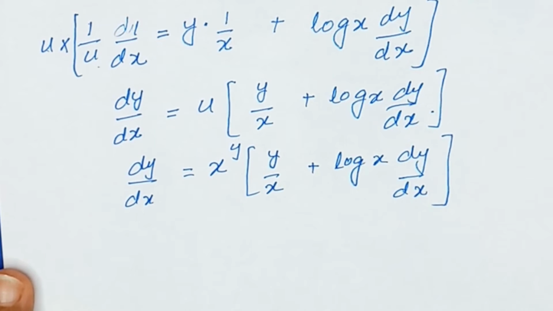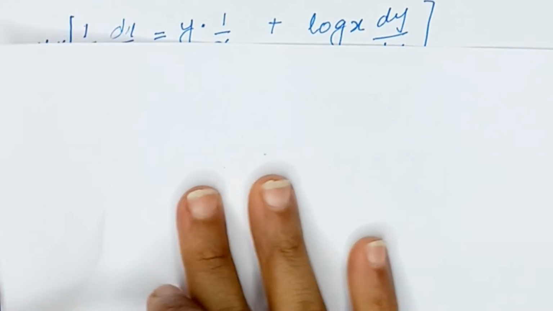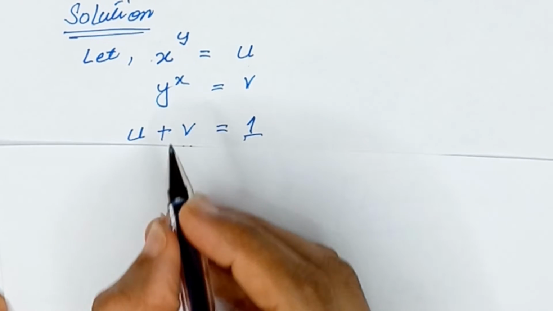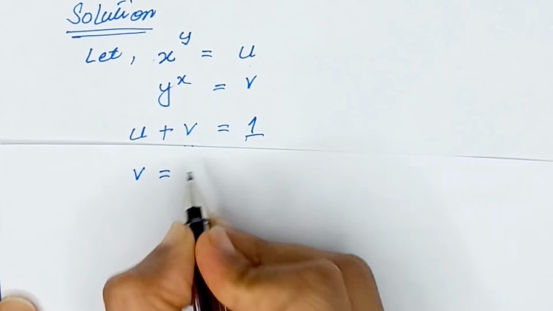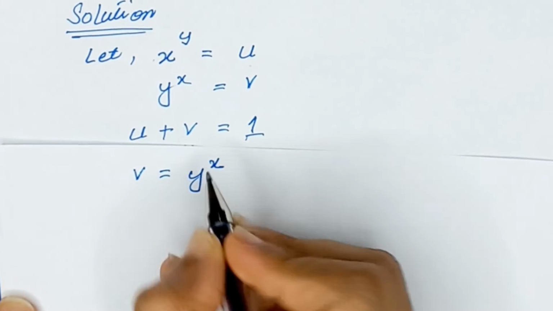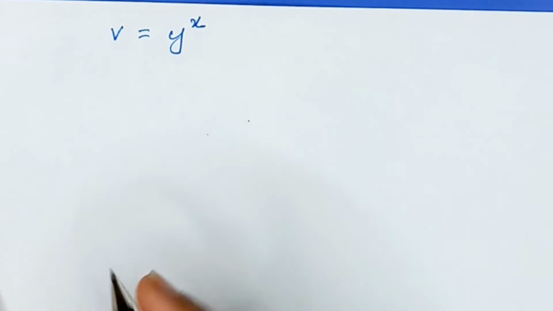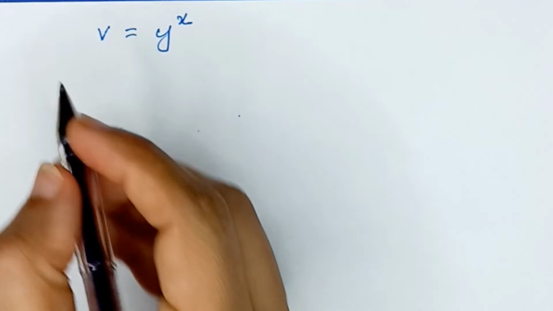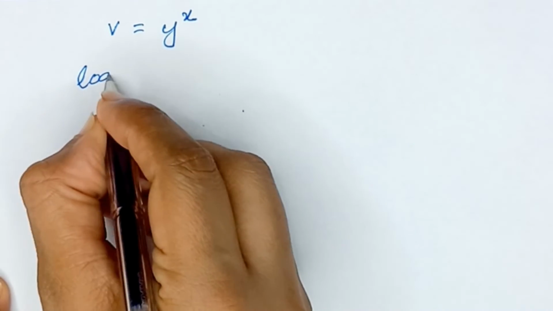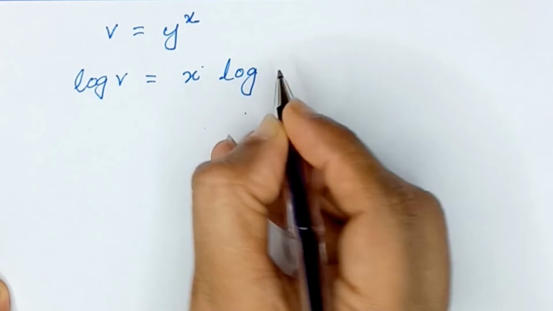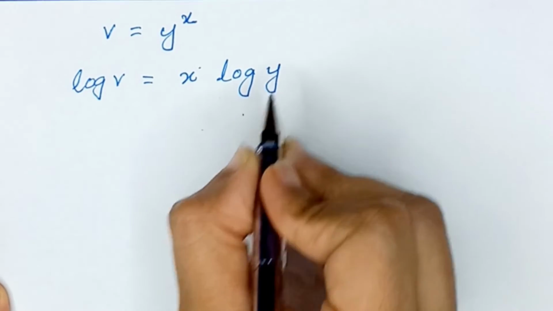Now we will consider its second part, which is v is equal to y to the power x. The same steps we will apply here. First of all, we will apply log on both sides, so it will become log of v is equal to x times log of y.